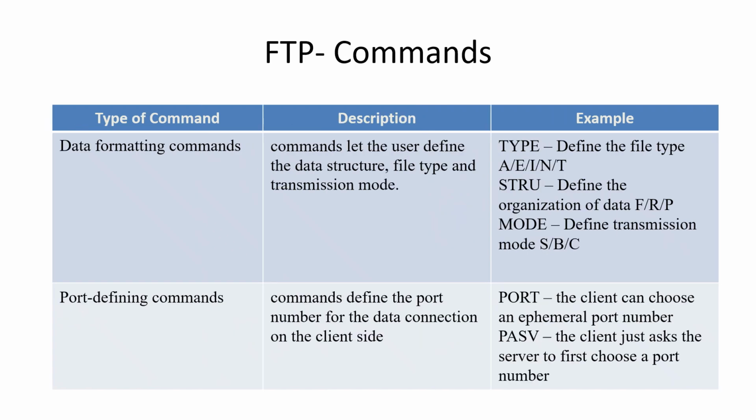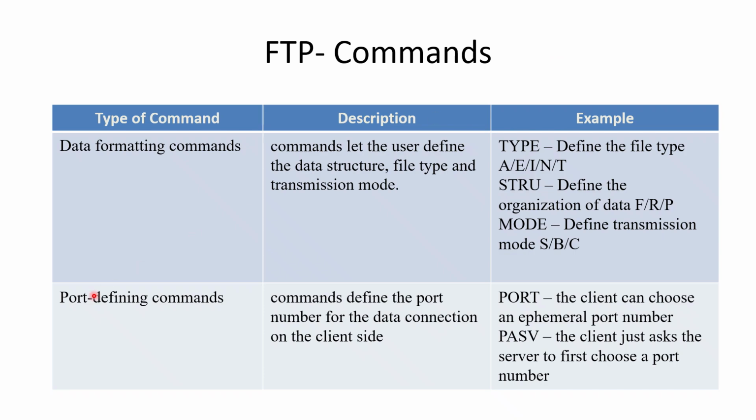In FTP, data formatting commands are used to specify how data should be represented and structured during transfer. They define important details such as file type, data structure, and transmission mode, ensuring that files are correctly interpreted on both the client and server sides, regardless of differences in their operating systems.